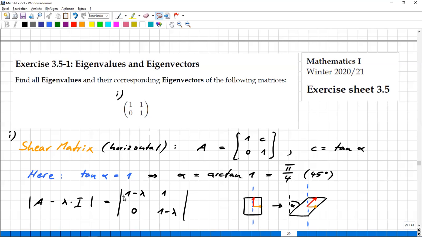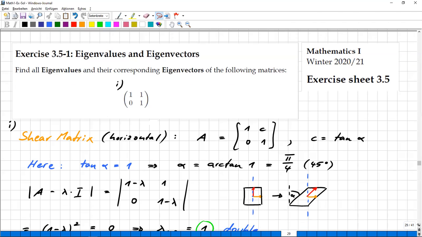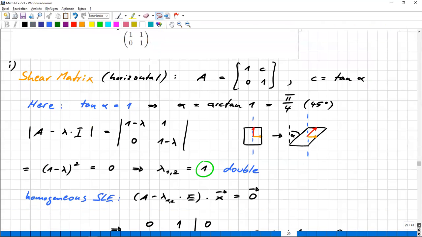And then we take the determinant. Of course, this is quite easy now with the 2 times 2 matrix. As always, we have the diagonal product, which is (1 minus lambda) times itself, so this parenthesis squared, minus the second diagonal product, which is 0, so that's all.